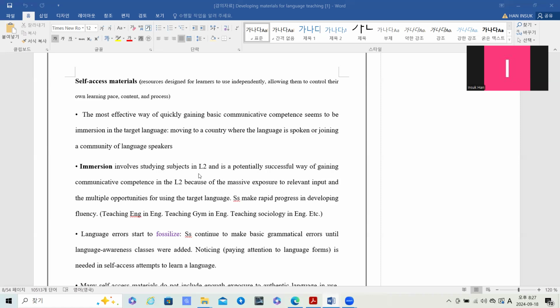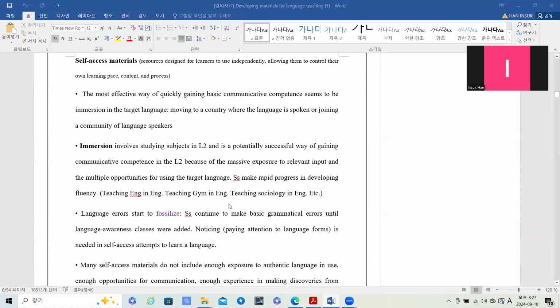So learning English in English, or sometimes learning Korean in Korean, is a potentially successful way of gaining communicative competence in L2 because of the massive exposure to relevant input and multiple opportunities for using the target language. I think you are one of the persons who feel that immersion helps your improvement of English or the Korean language.